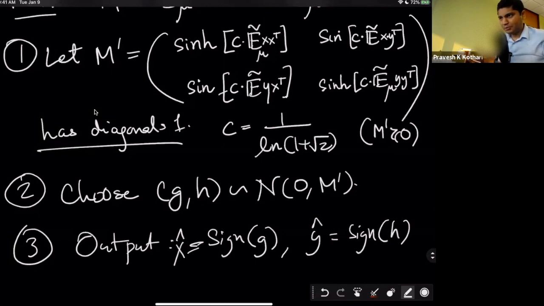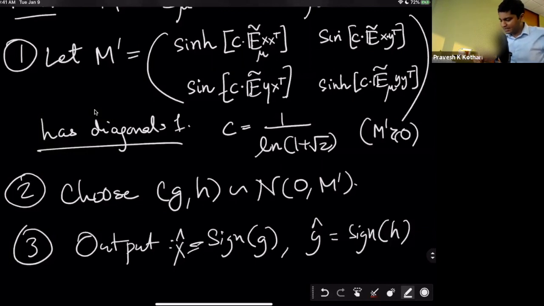It looks weird, and I have several claims to justify to you, but at the heart of it, it looks like: take M, modify it to get a different PSD matrix which has diagonals 1. Then do sign rounding with a Gaussian, the usual Gaussian rounding, the same thing that we did in Goemans-Williamson, and also for rounding PSD quadratic forms in the first part of the lecture today.